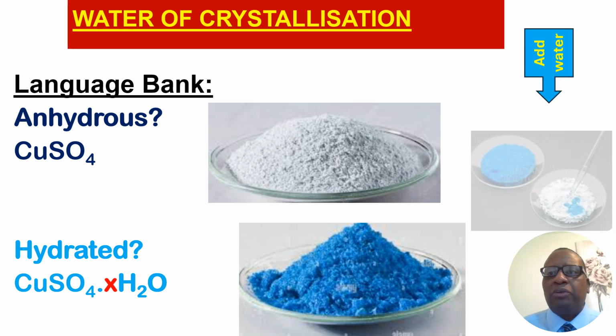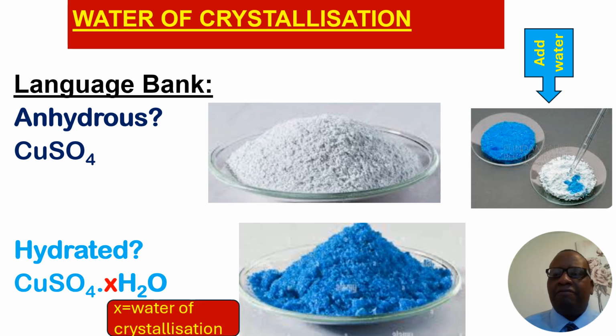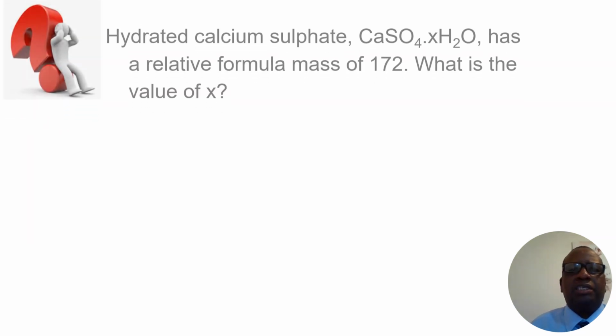So if we add water, the copper sulfate becomes blue. The little X in this formula stands for water of crystallization. Quite often in the exam, they ask you, what does X stand for? Water of crystallization.